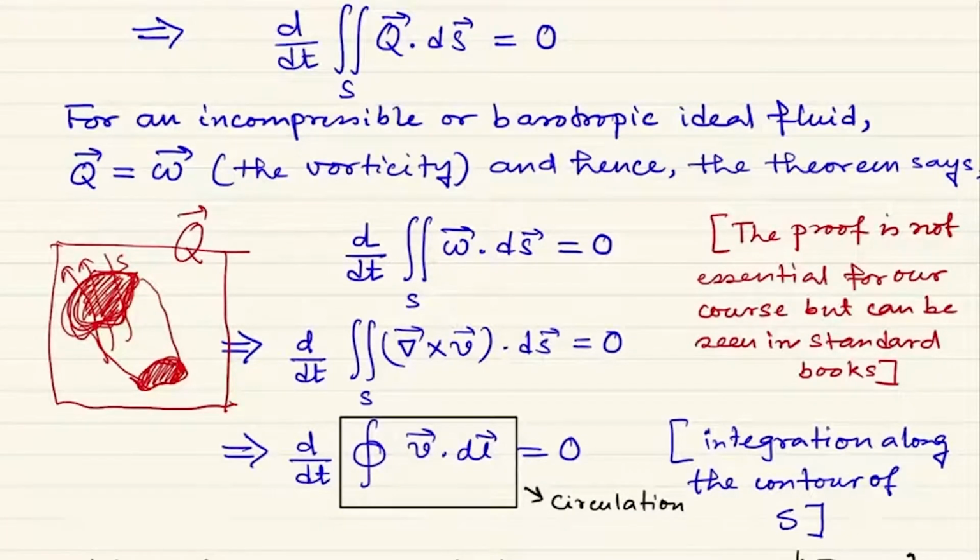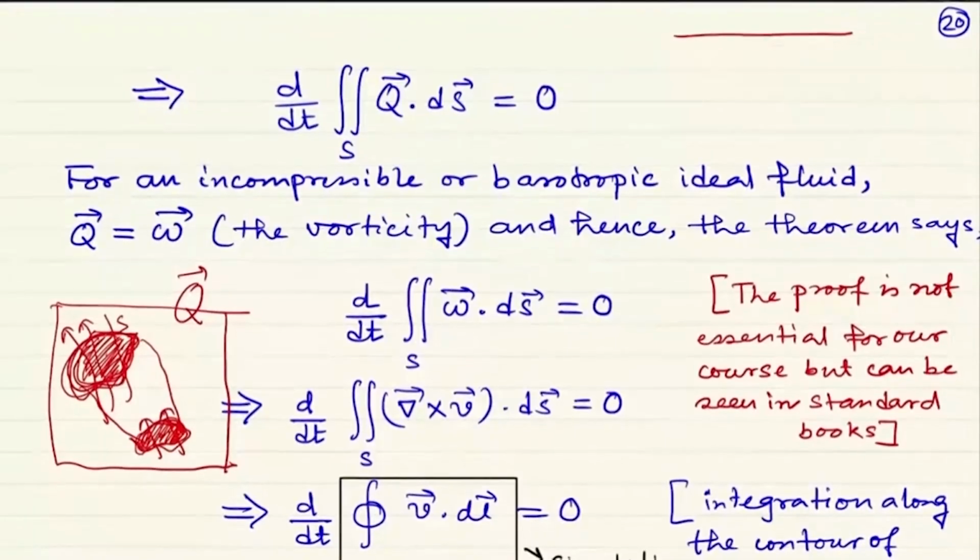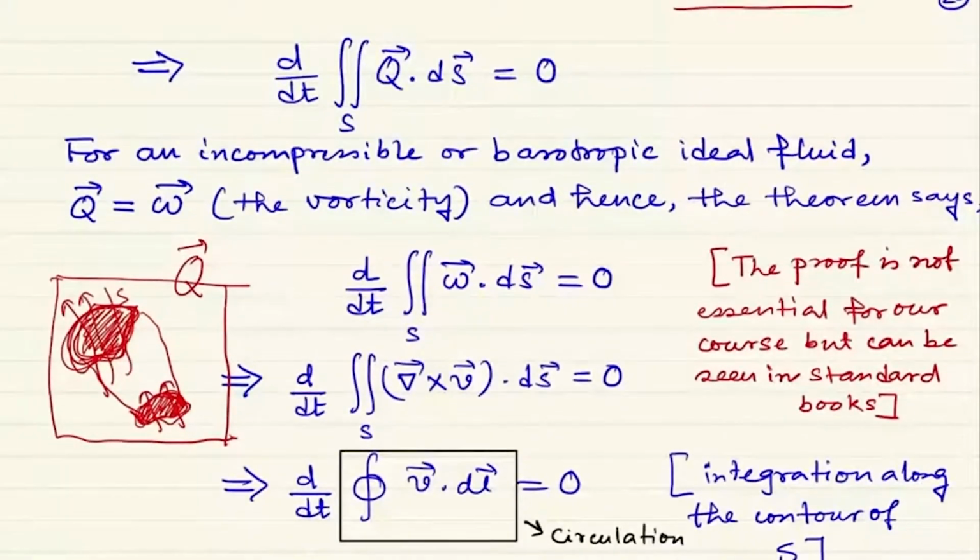And if you calculate the value of this q vector at every point where the surface is now, and then do a surface integral, we see that in both cases the total surface integral has the same value. So in another way of writing, we can simply say that d/dt of the integral of q dot ds is equal to 0.